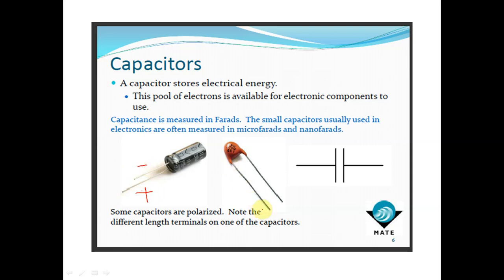But in this capacitor both the terminals are the same, so we cannot identify whether this terminal is positive or negative. Both the terminals are the same, and each is used for positive as well as negative. So this is called the polarized capacitor and this is called the non-polarized capacitor.